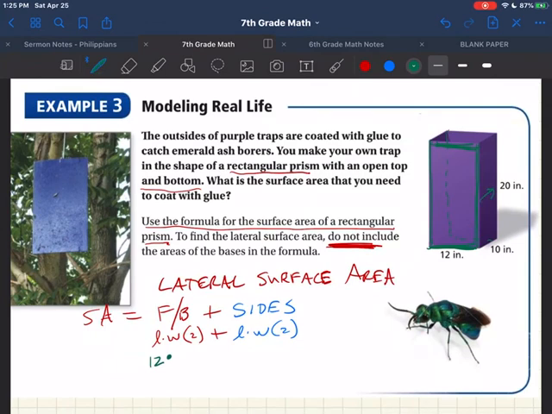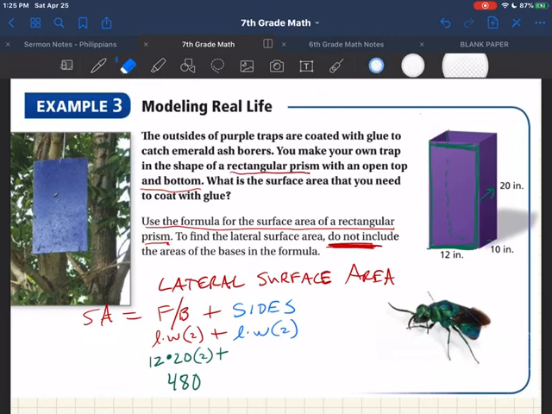It's the same as this, which is 20. So 12 times 20, which would be 240. And then times 2, which is 480. So the front and the back are 480, okay?